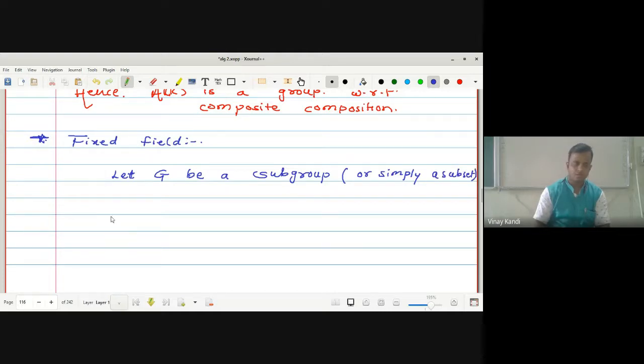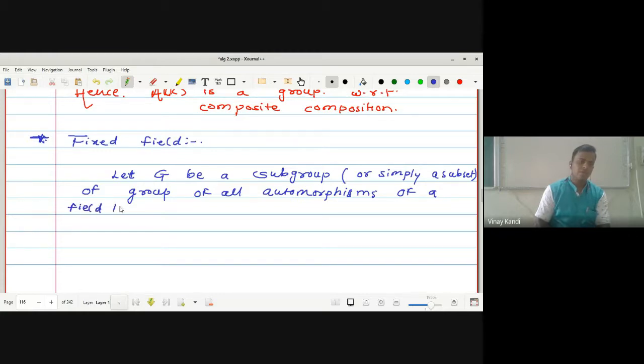In the bracket, let G be a subgroup of the group of all automorphisms of a field K. What is G?